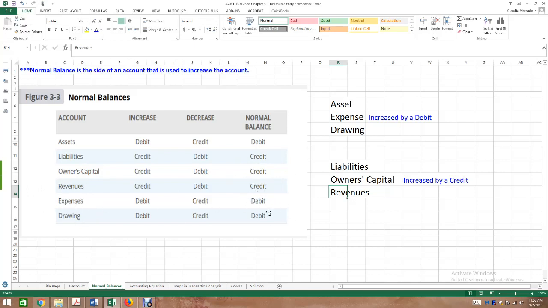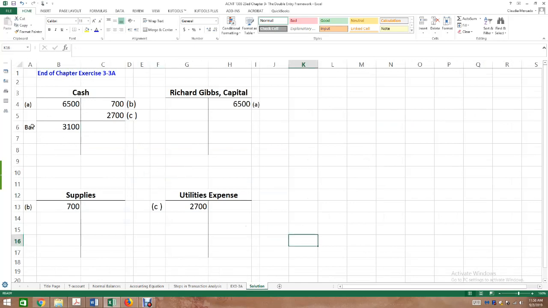And your drawing, your balance is going to be on the debit column. So that is how you foot. Getting the balance is what we call footing. And like I said, I don't have to foot these because I only have one transaction. Whenever you have more than one transaction, then you would foot it. So that is exercise 3 through 8.